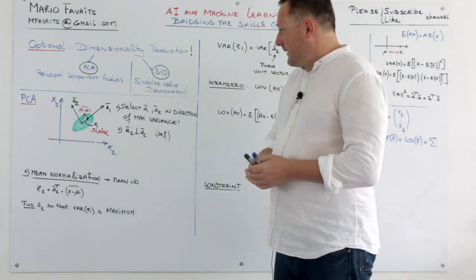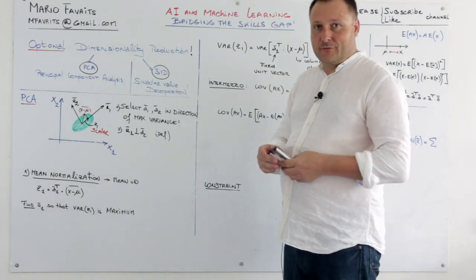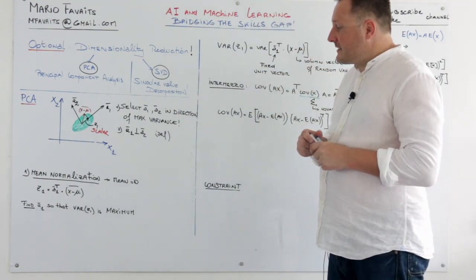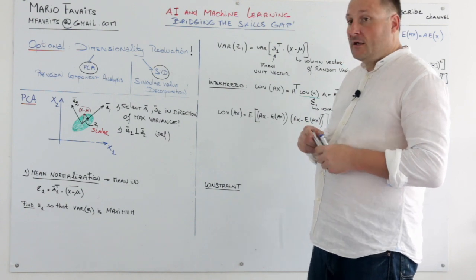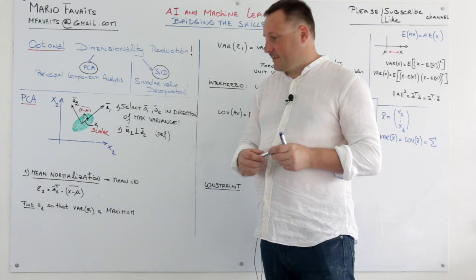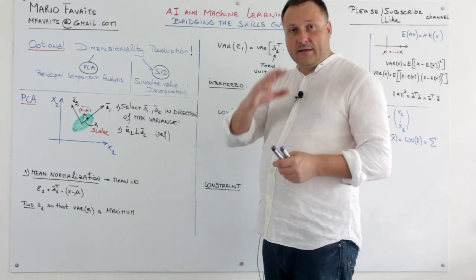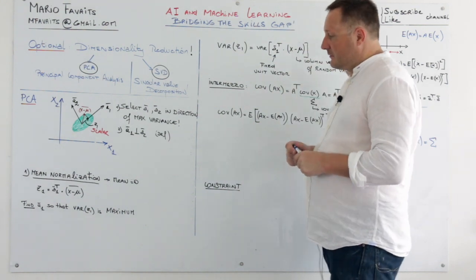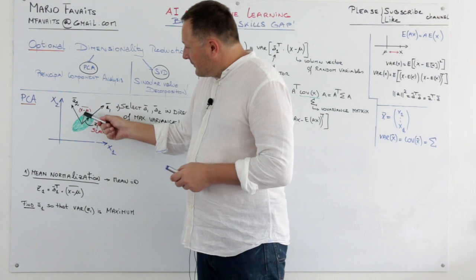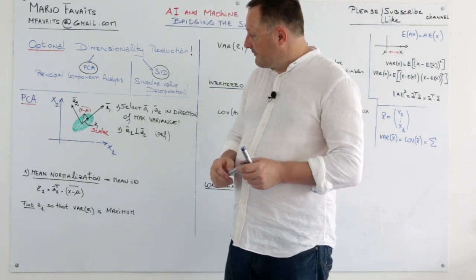a1 and a2 are perpendicular to each other, so they are independent. The first thing we need to do in PCA is mean normalization, meaning from the features we're gonna subtract the mean, so that the mean is 0 and the data is centered around 0. So we take a vector here, the red vector is x minus mu, so it's a mean normalized vector.